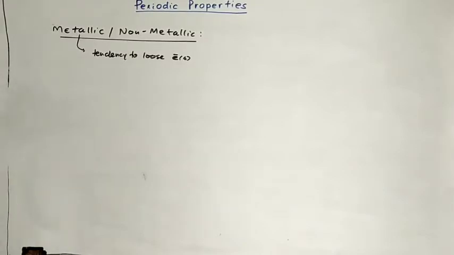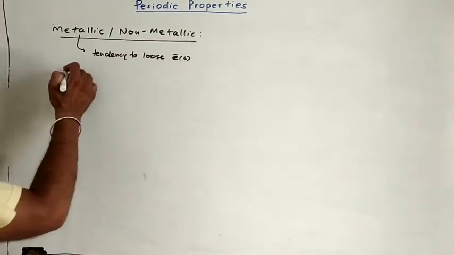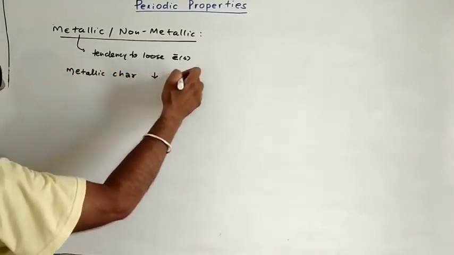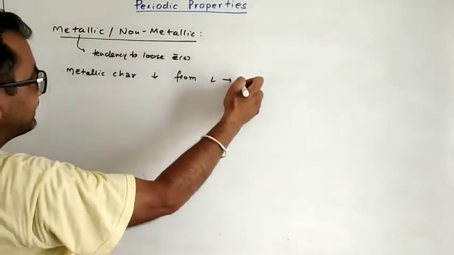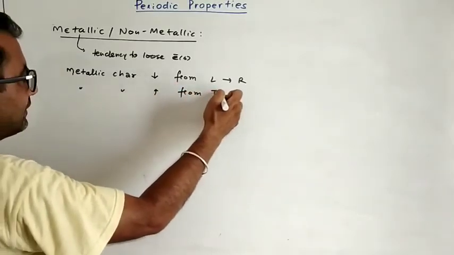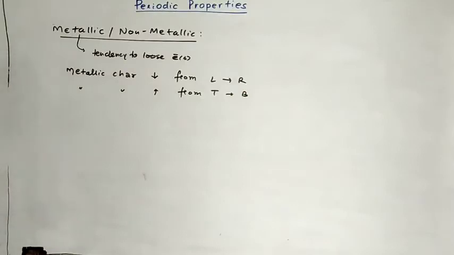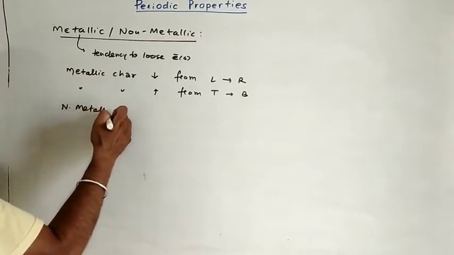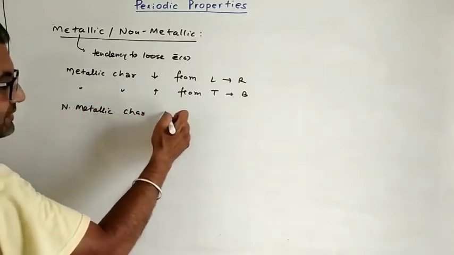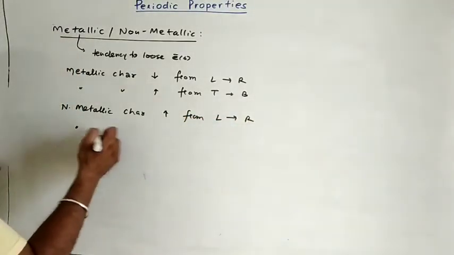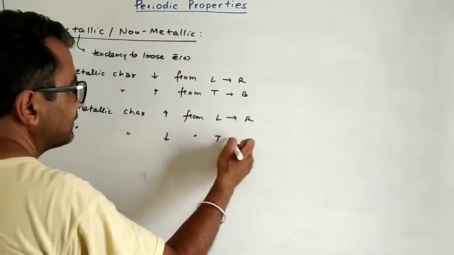So when we move in the periodic table, generally you must have studied in 10th also, metallic character decreases from left to right and metallic character increases from top to bottom. Non-metallic character increases from left to right, the opposite. Non-metallic character decreases from top to bottom.